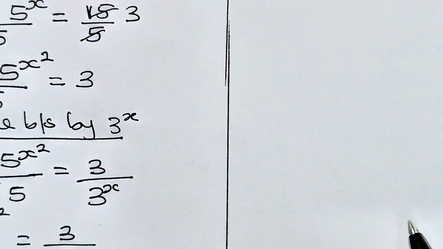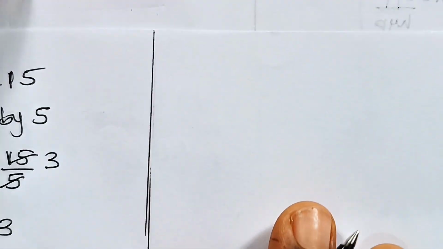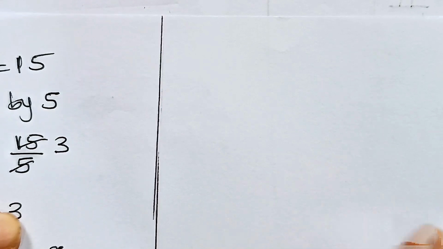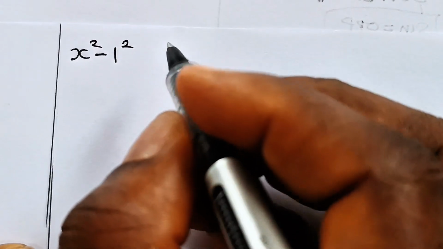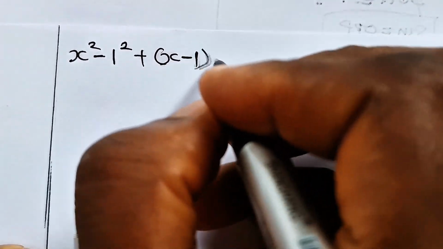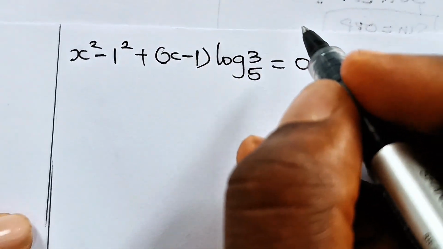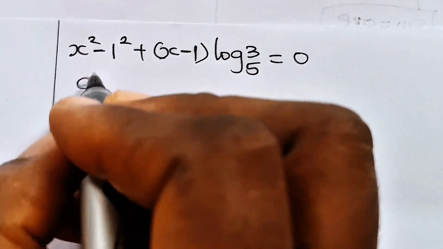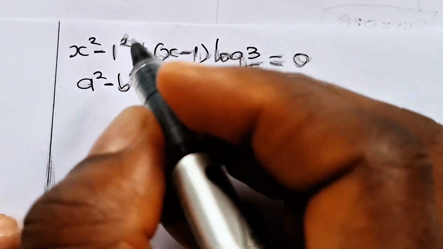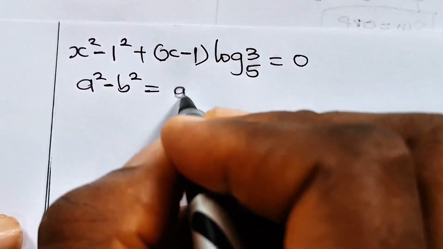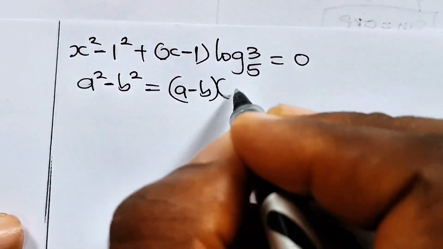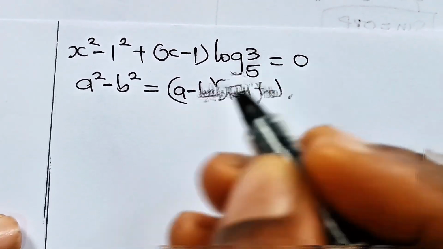So now we continue. This is our last equation. We got that x squared minus 1 squared plus x minus 1 log 3 base 5 is equal to 0. Now recall that a squared minus b squared is equal to a minus b multiplied by a plus b.